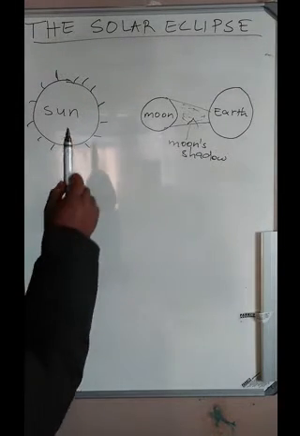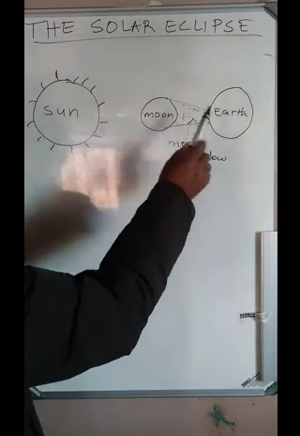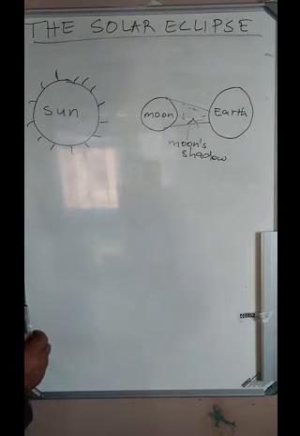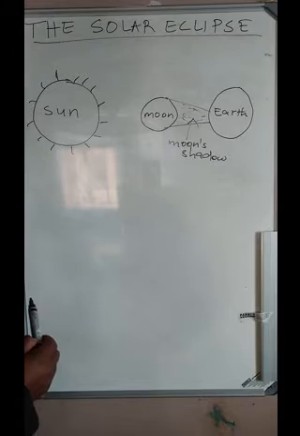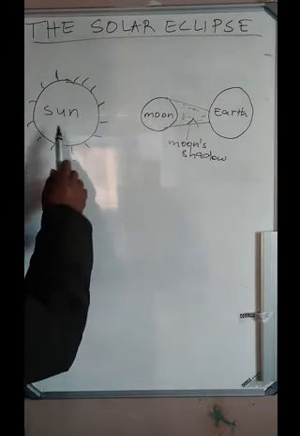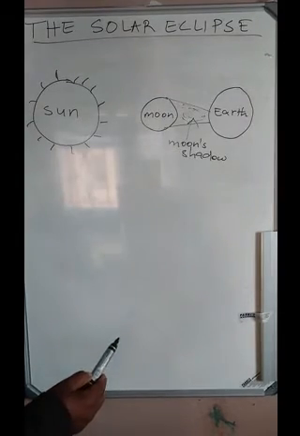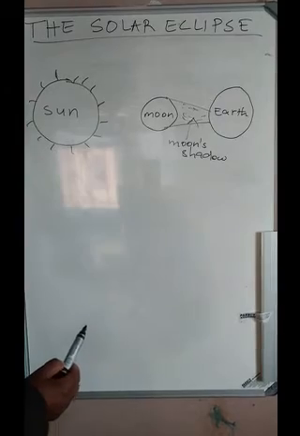So when the shadow of the moon falls on earth, the sun becomes dark, and we call that a solar eclipse. It only happens when the sun, the moon, and the earth are in a straight line and the shadow of the moon falls on earth.